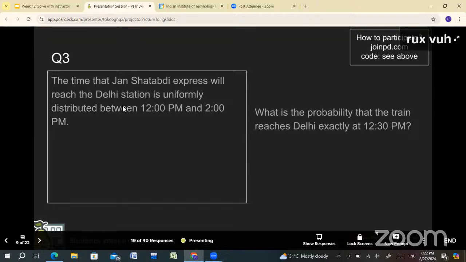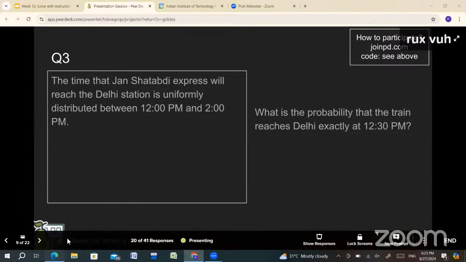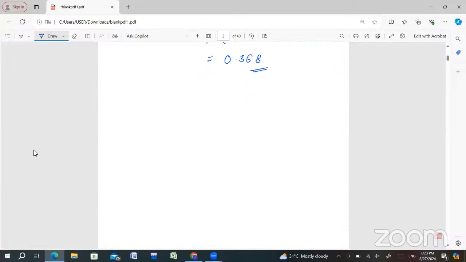It is given that the time is uniformly distributed, so it is a continuous distribution, right? And we know that for a continuous distribution, the probability at a point is 0. For example, if you have to find the probability that x will lie between a and b, how will you calculate it? You will calculate it as the integral from a to b of f(x) dx for a continuous random variable.